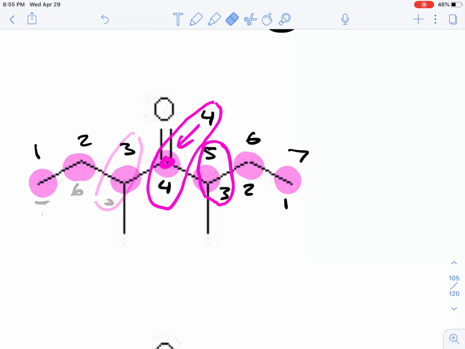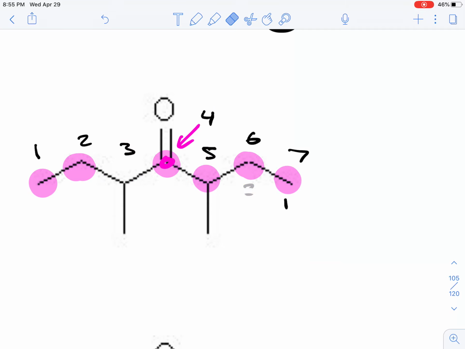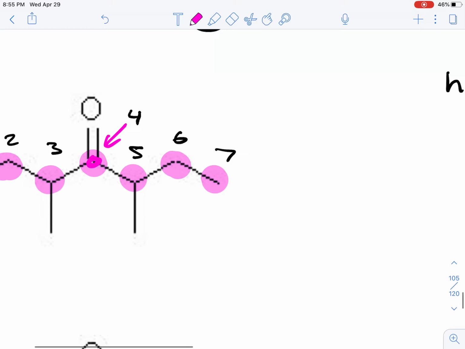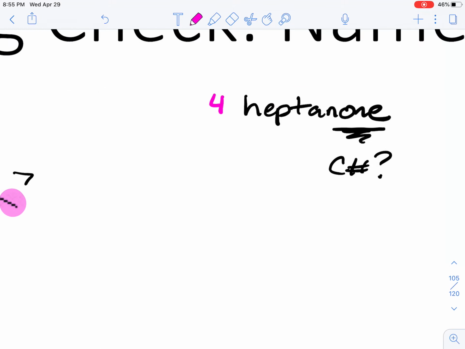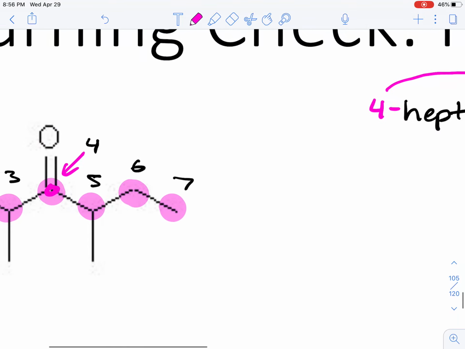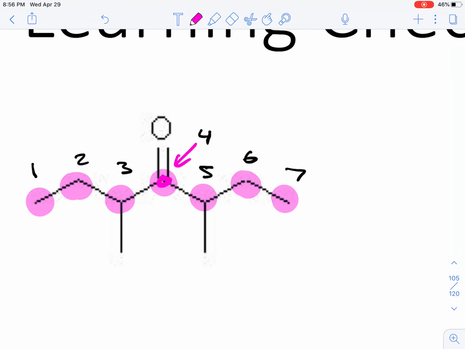Okay. And so I'm just going to go ahead and use my left-right numbering system. And so it looks like my carbonyl carbon is on carbon 4. So I'm going to say 4. So this 4 answers the question of where the carbonyl carbon of the ketone is located. Next, I need to describe my substituents. And so I have a methyl on the third carbon, so 3-methyl.